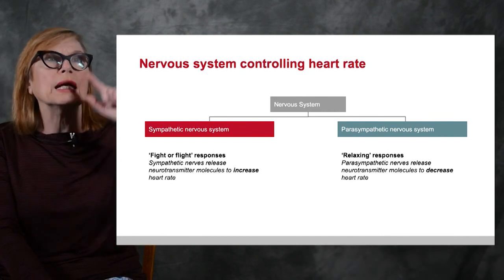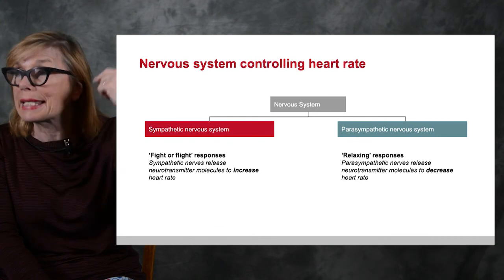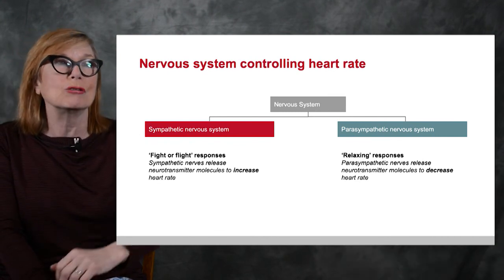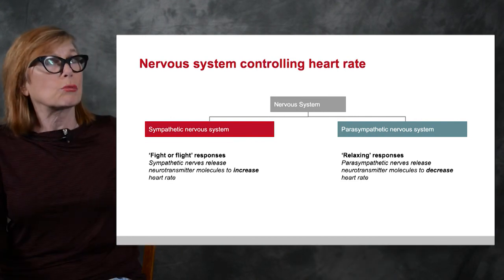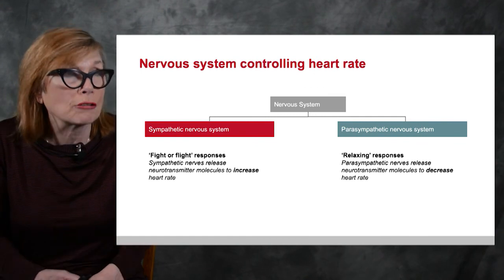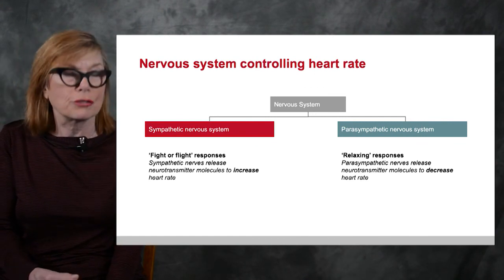And acetylcholine is actually recycled right at the site, recycled when it's been discharged and used again right at the neurotransmitter site. So that's really important. Nervous system controls heart rate, nervous system controls contractility, and nervous system controls arteriolar tone.